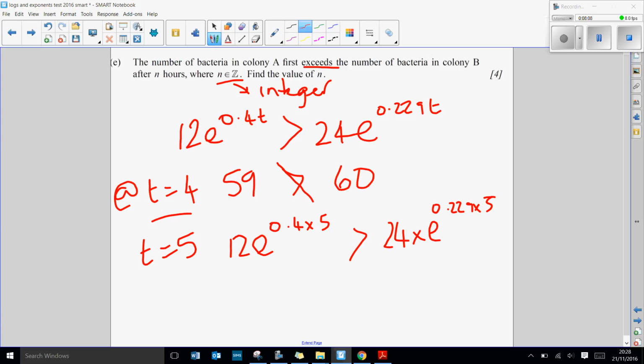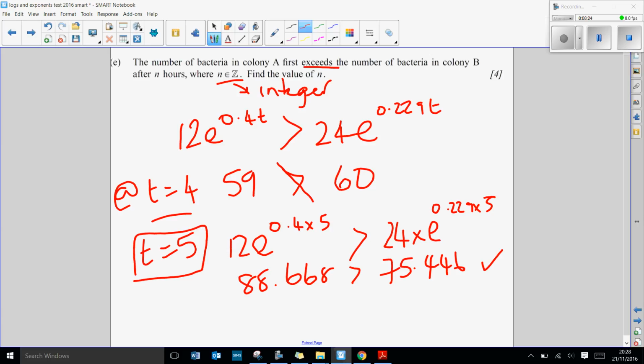For this one, we should get a value of 88.668. And for this, we should get 75.446. Clearly, 88 is greater than, so we're looking at the value of t as 5. Sorry, apologies, n in this case would be 5 is our final answer.